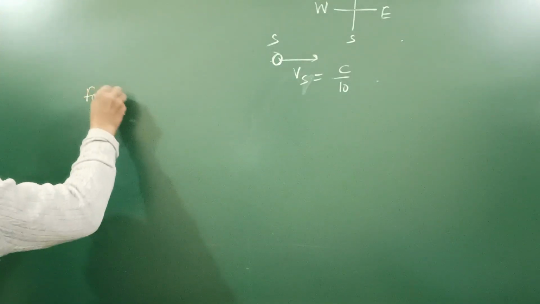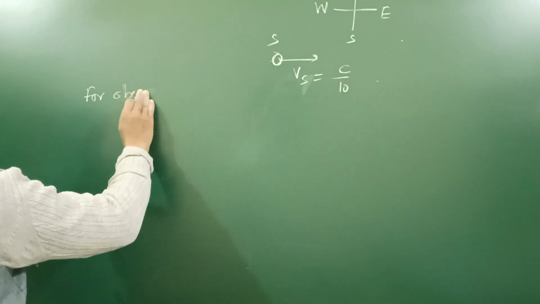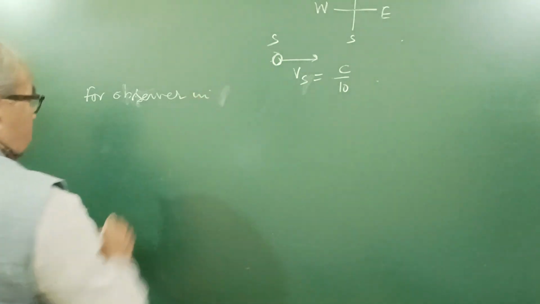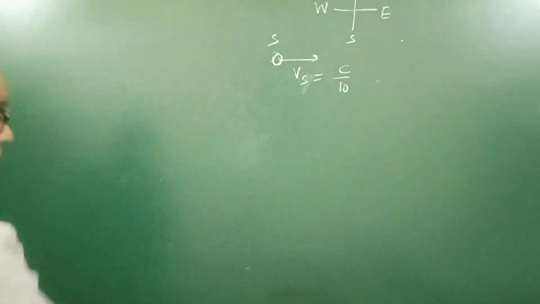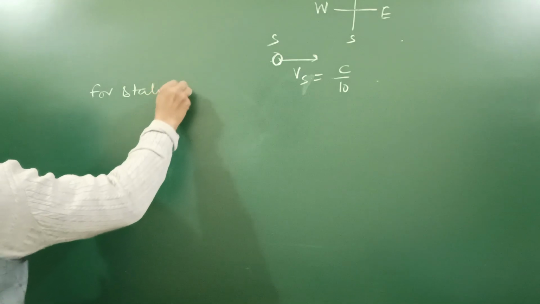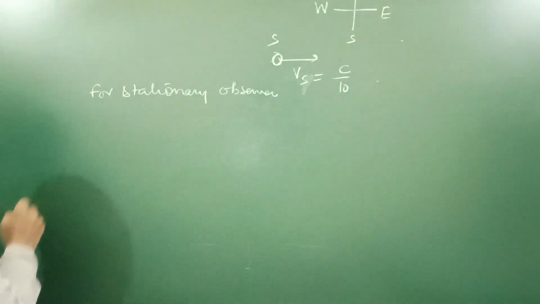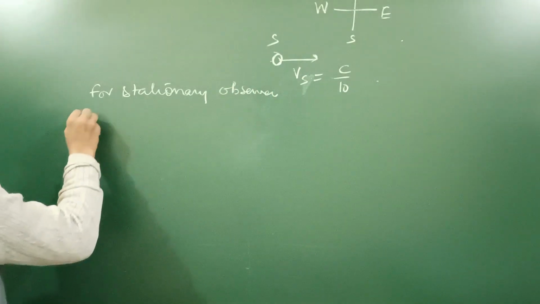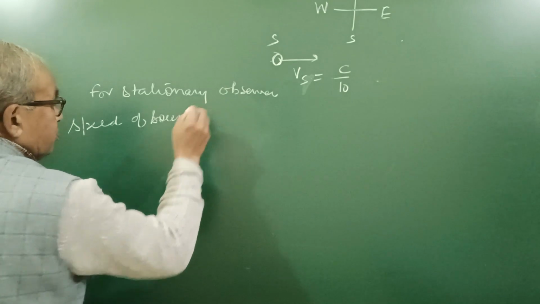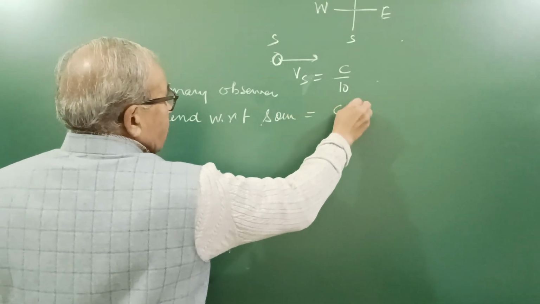For an observer in the east, for a stationary observer, the speed of sound with respect to the source, वो c minus Vs होगा.